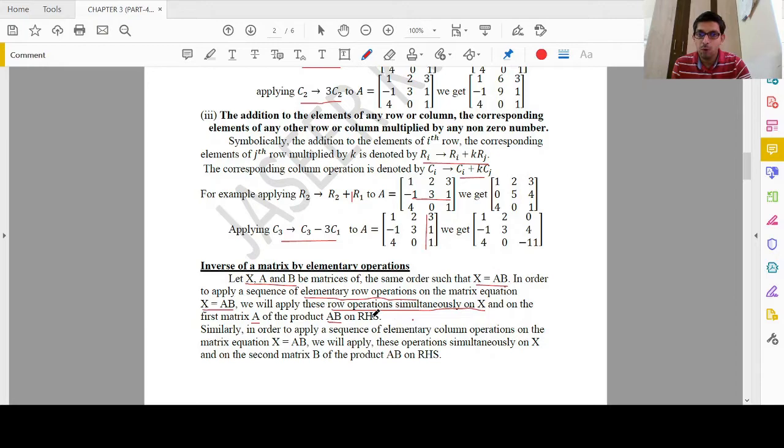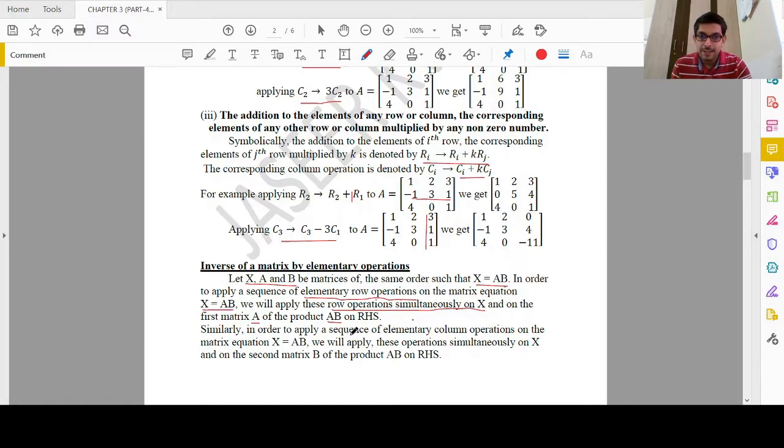So to apply a sequence of row operations on a matrix equation, that is X is equal to AB, it is needed to apply only on the right hand side leftmost matrix, that is the first matrix A of the product AB on RHS. It is not needed to apply on the second matrix of the product AB on the right hand side.